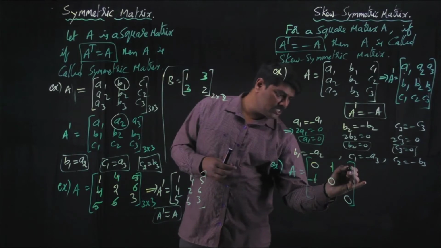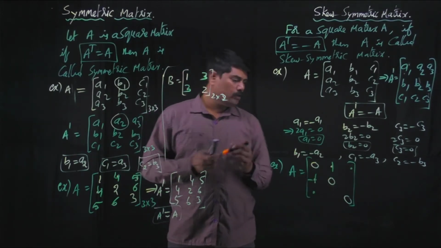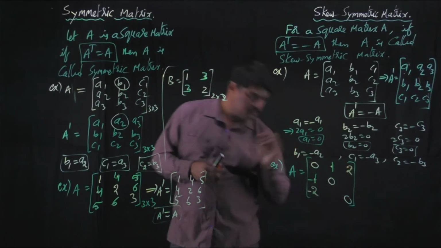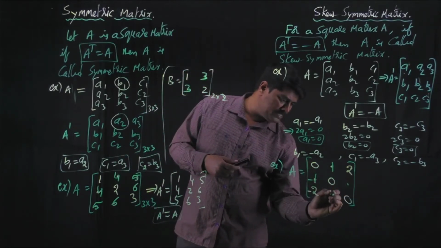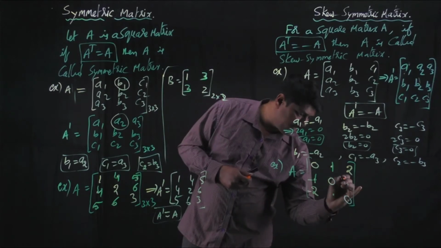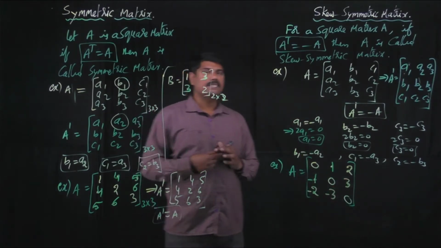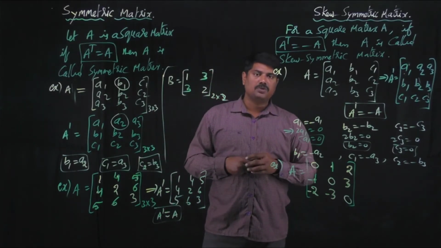Next think about the 1 3 and 3 1 positions. If you consider 2 here, this has to be minus 2, opposite sign. And for the remaining 2 places, second row third column and third row second column, if you take this one as 3, this has to be minus 3. This is how you can construct a 3 by 3 skew symmetric matrix.